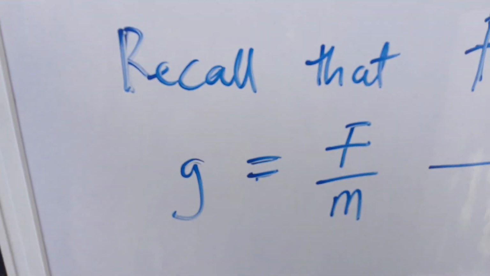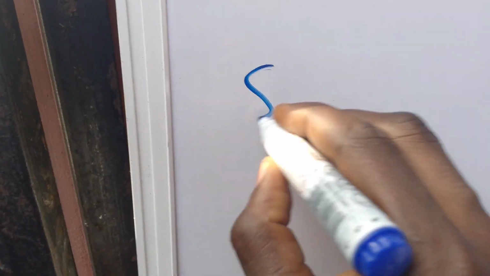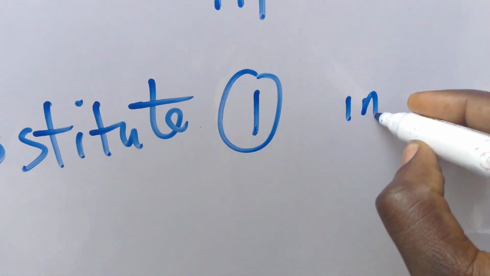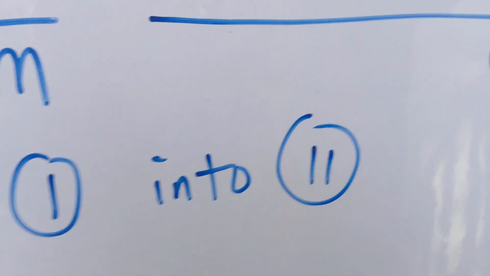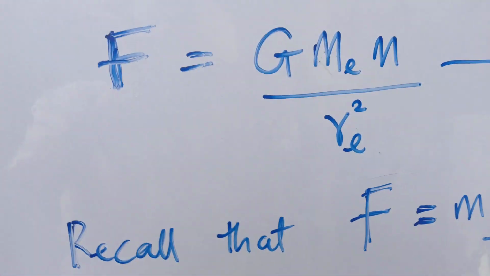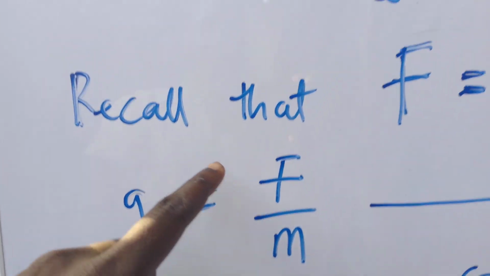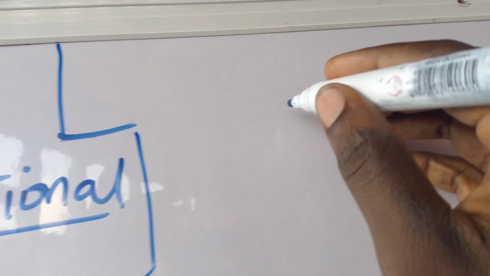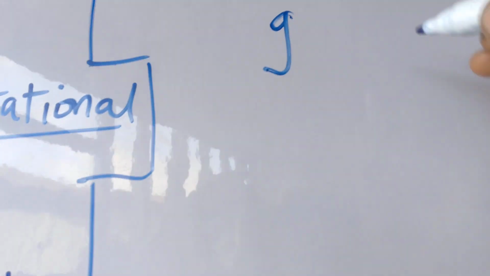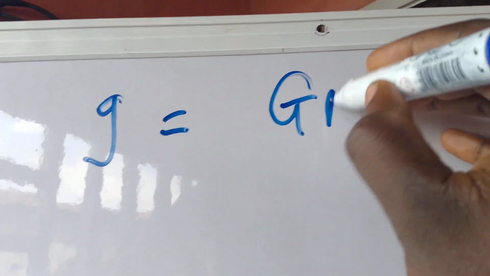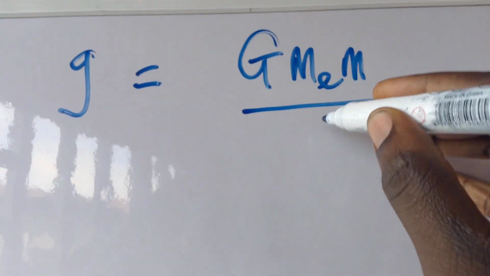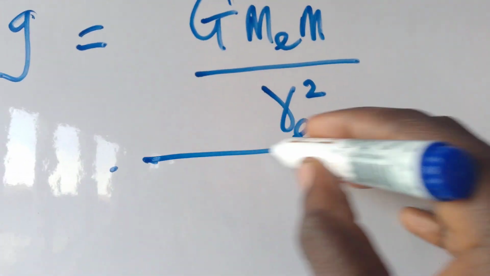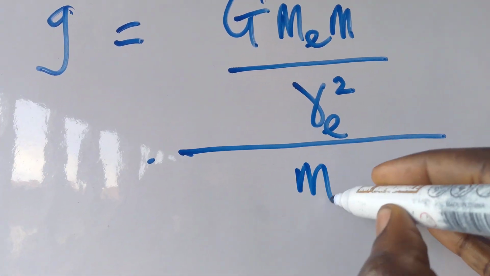Now, if I substitute equation 1 into equation 2, that means that in place of this F, I'll write the whole of this, and then my equation 2 changes to g equals capital G ME m over RE squared, all over m.